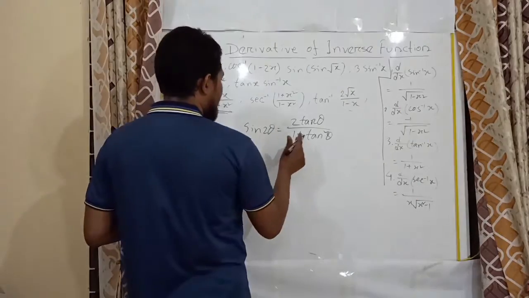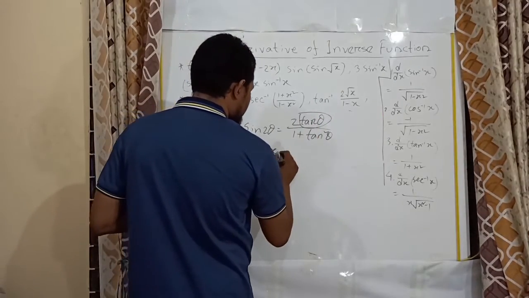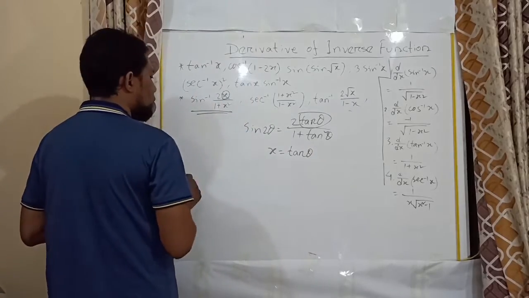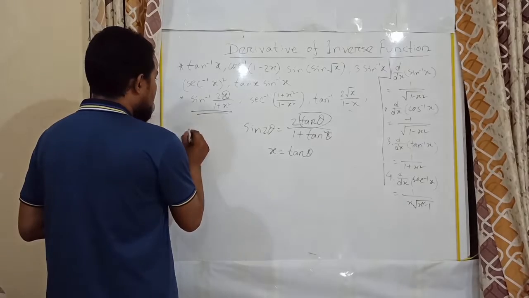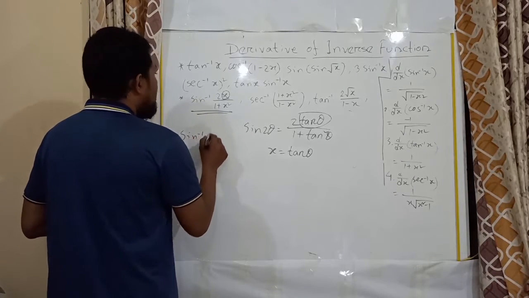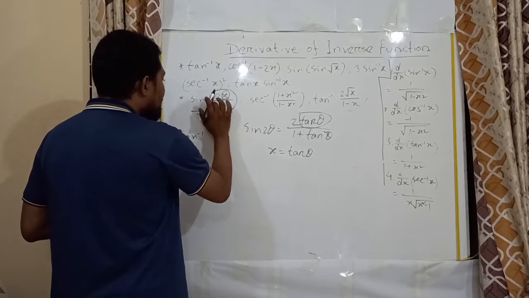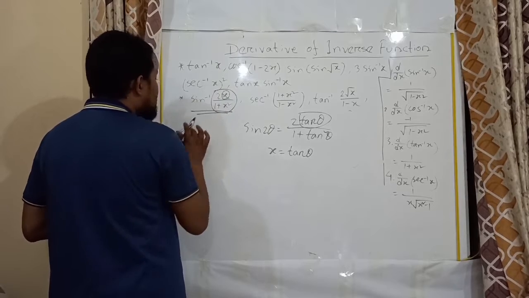So we can take x equal to tan theta, then we can write sin inverse. One thing you should remember is that we have to make here sin theta, so that sin and sin inverse will be cancelled.